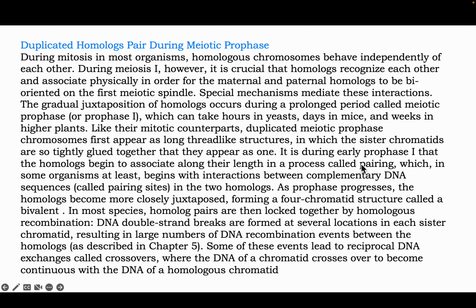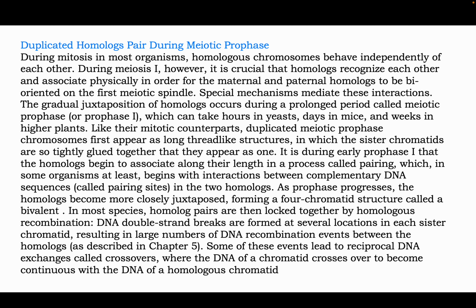So it is during early prophase 1 that the homologues begin to associate along their length in a process called pairing, which in some organisms at least begins with interaction between complementary DNA sequences, also called pairing sites, in the two homologues. As prophase progresses, the homologues become more closely juxtaposed, forming a four-chromatid structure, also called a bivalent.